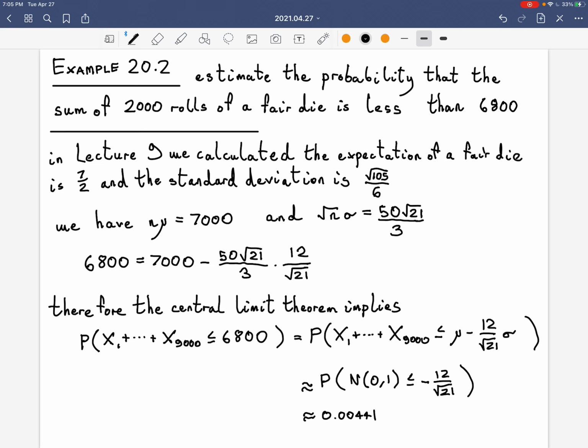Okay, so we can see here we're asked to estimate the probability that the sum of 2,000 rolls of a fair die is less than 6,800.